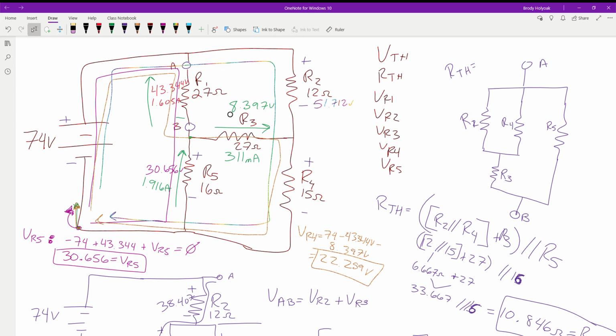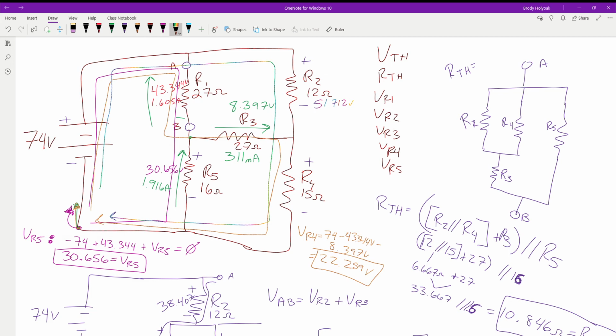Now we can run an additional loop through one of the values that we know into either one of the other ones. We could just as easily have run down through R2, through R3, through R5, and we would have gotten that 51 volts. Then it's a simple matter of one final loop, of being dropped across those two resistors.